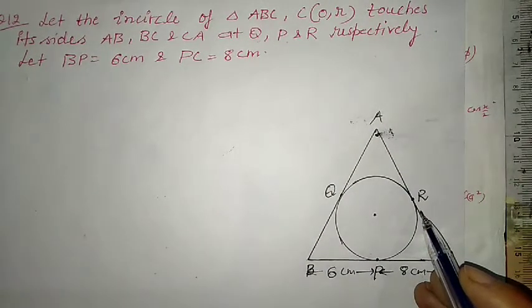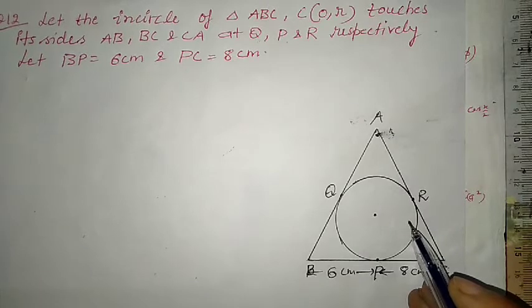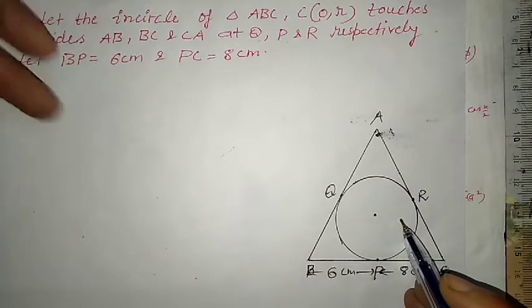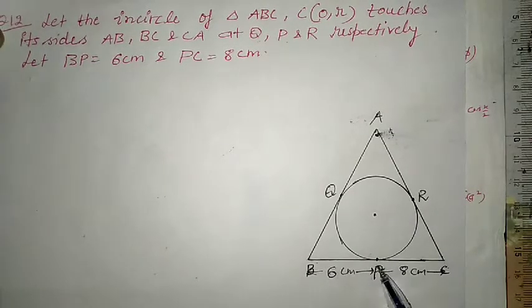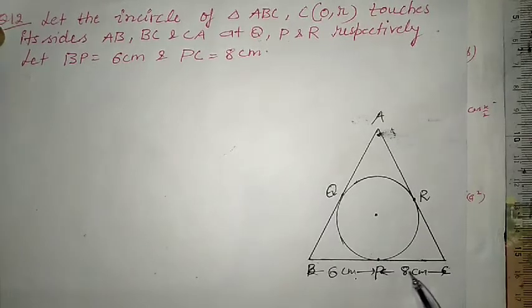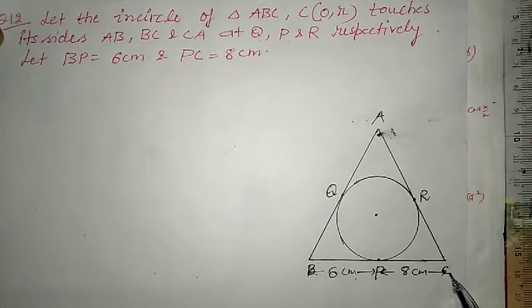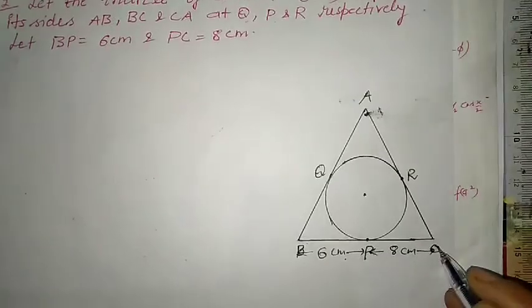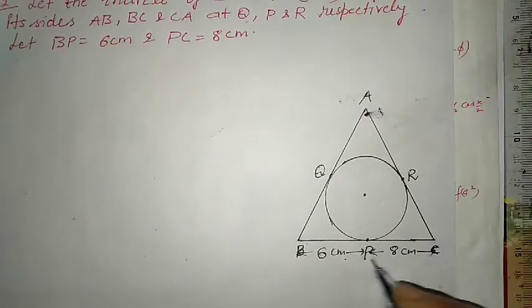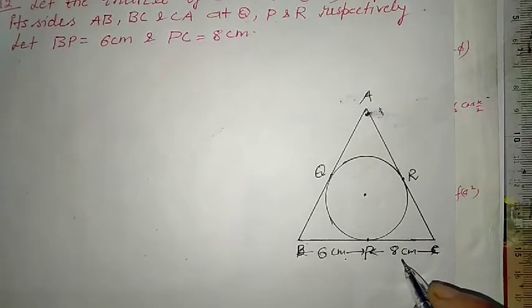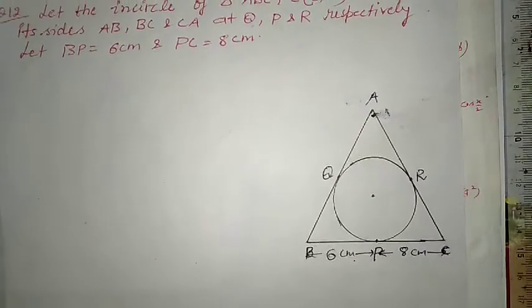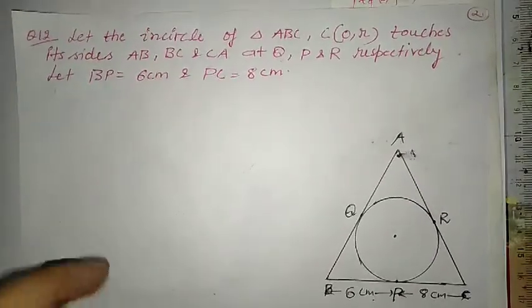And it is also given that BP equals 6 centimeters. What is given here? BP equals 6 centimeters, this is BC and this is PC. It is given 8 centimeters. Okay, so the longest question, a very lengthy question.